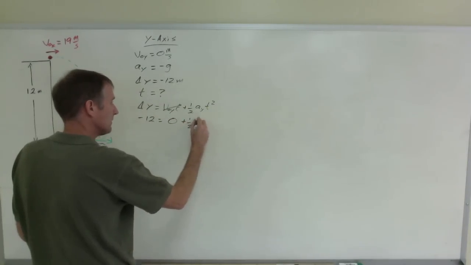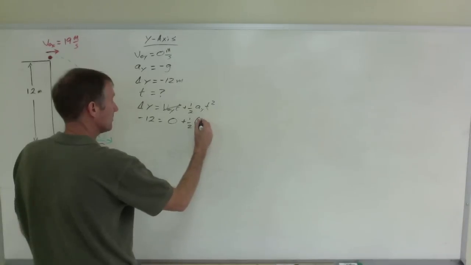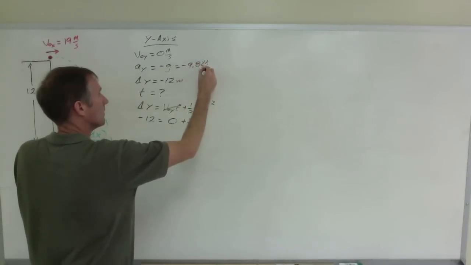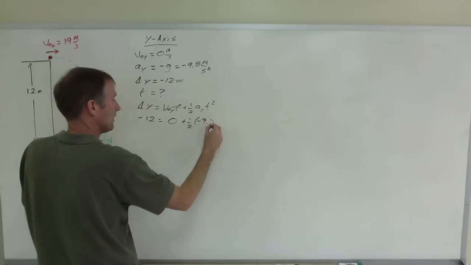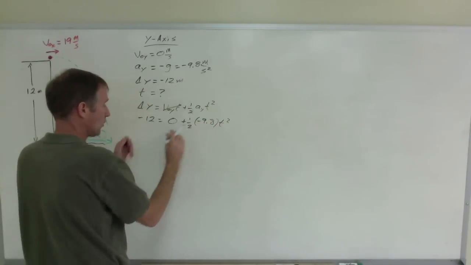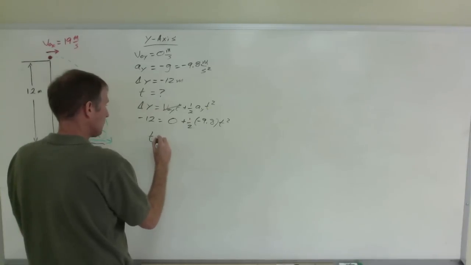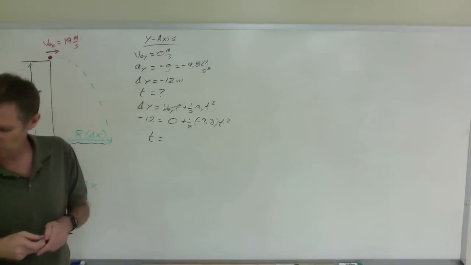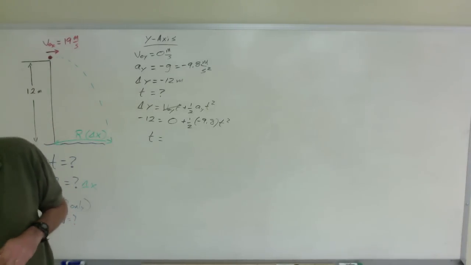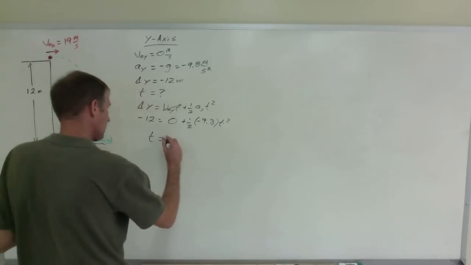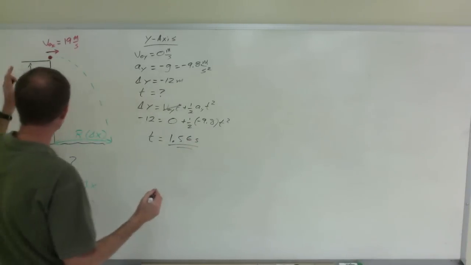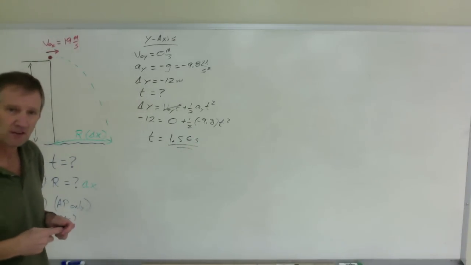Plus 1/2 times negative g, which is negative 9.8, t squared. You solve for t squared, your negative signs are going to cancel. You never should end up with a negative under the radical. And that comes out to be 1.56 seconds. So it's in the air for 1.56 seconds.